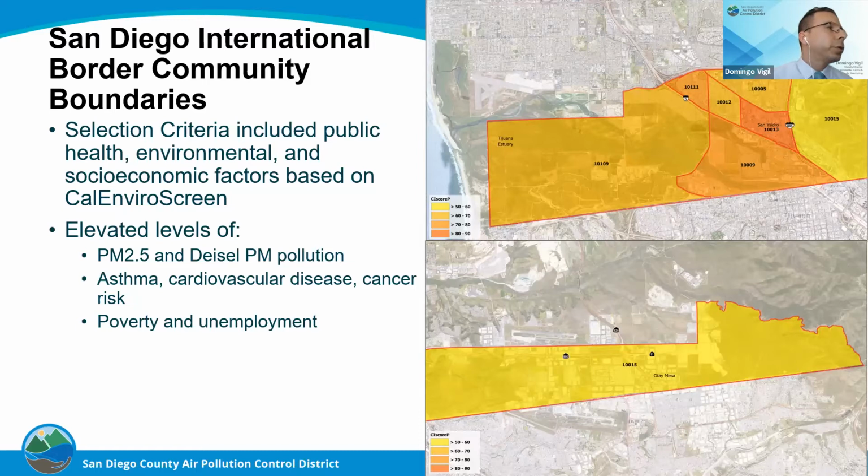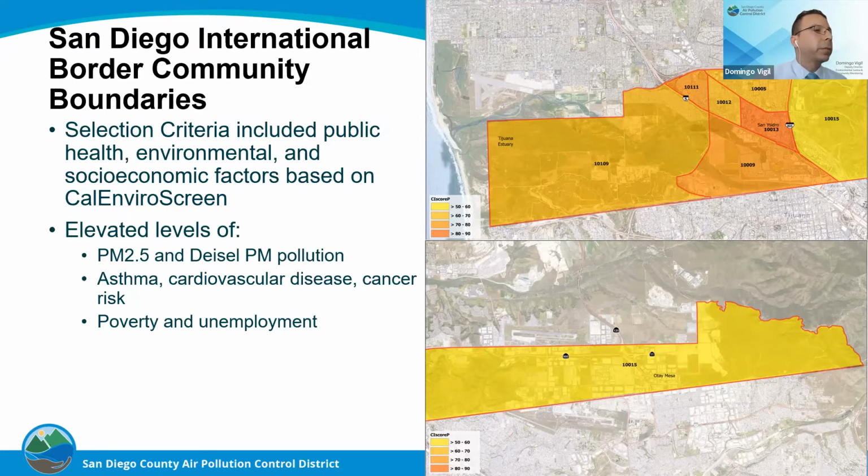These maps show the border community census tracts highlighted by their overall CalEnviroScreen percentile score, as per its latest version 4.0. CalEnviroScreen is a mapping tool developed by the Office of Environmental Health Hazard Assessment and the California Environmental Protection Agency that helps identify California communities that are most affected by sources of pollution and that are often especially vulnerable to pollution's effects.